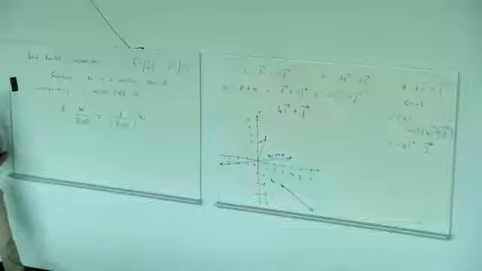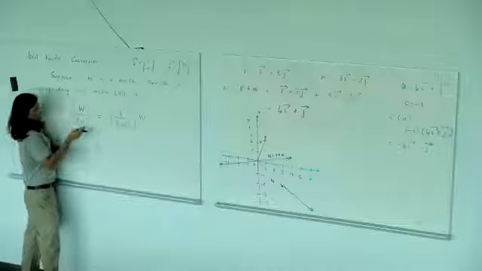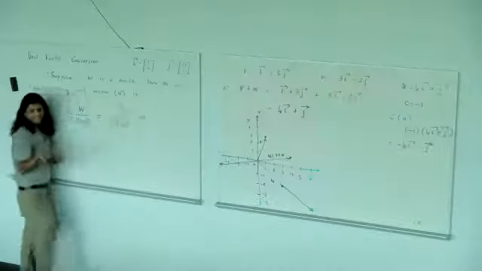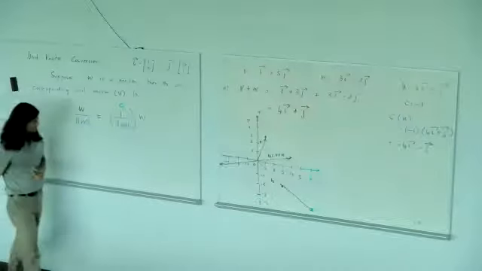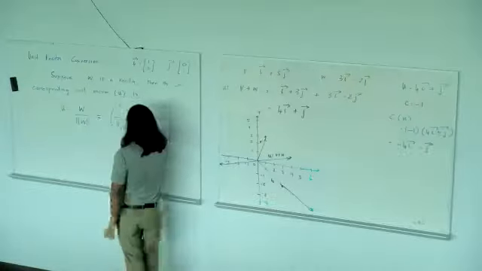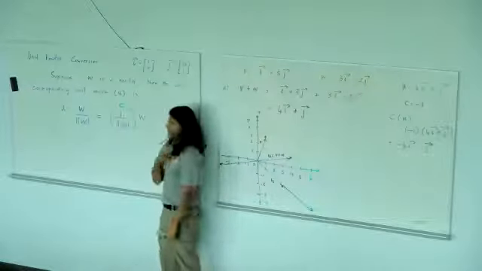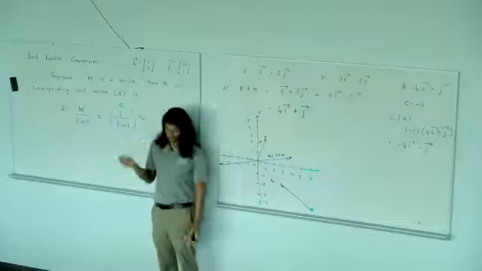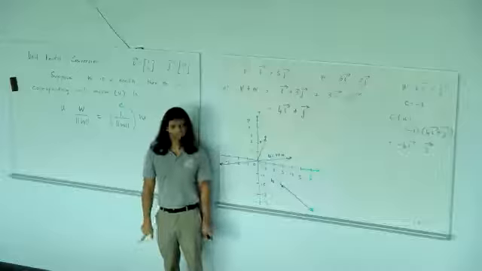This is just scalar multiplication, which we talked about. So if the scalar is 1 divided by the magnitude, when you multiply a vector by that specific scalar, you end up getting its unit vector.